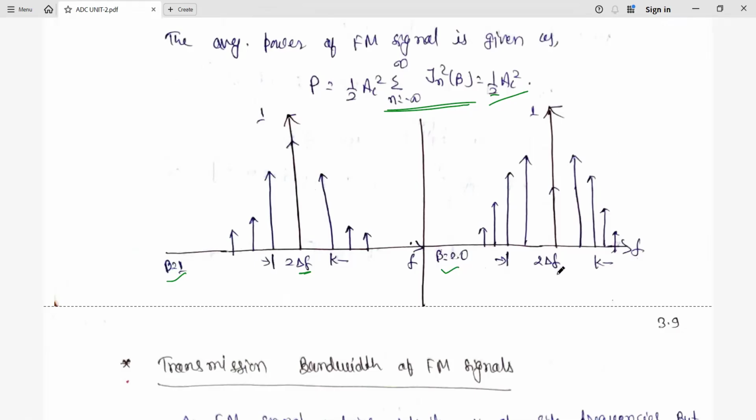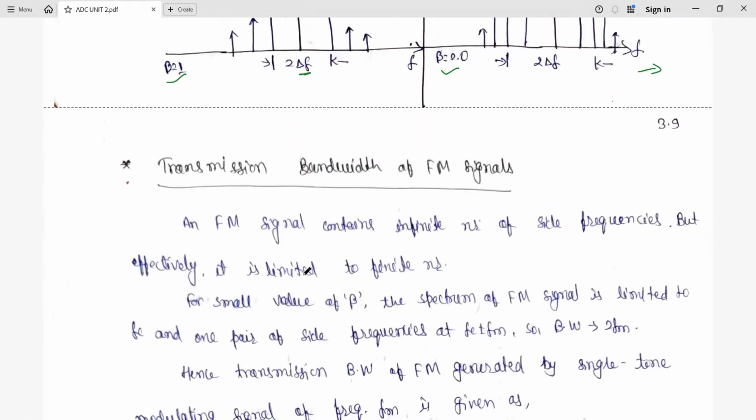You can see how this 2 delta f decides how many sidebands there are. A little later we are going to see in detail, for different values of beta, why we have this many sidebands, like here 3, why here 5. All these things we are going to discuss. So here, delta f is the frequency deviation.